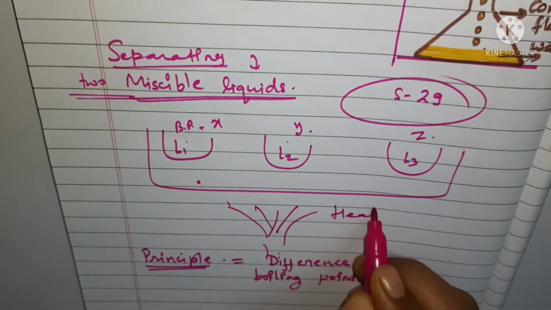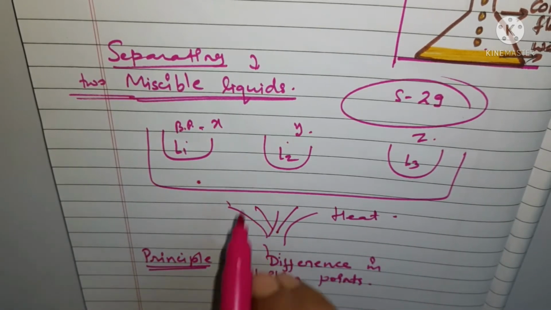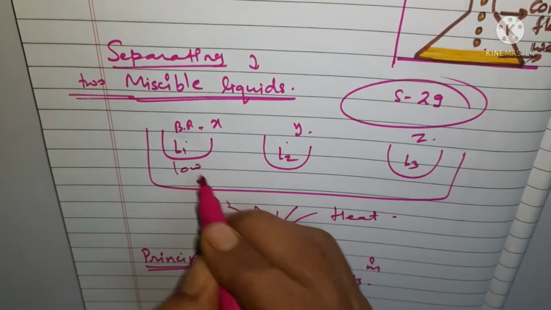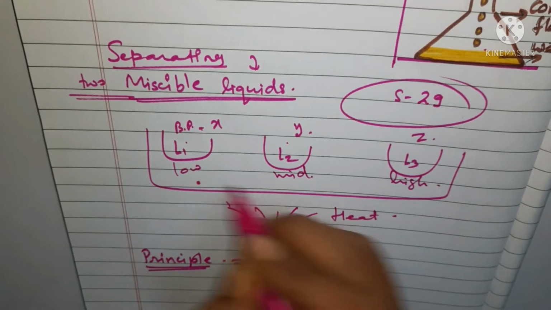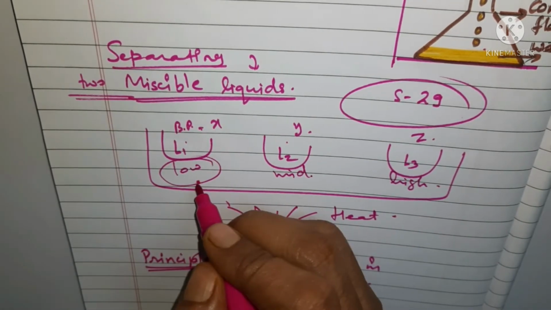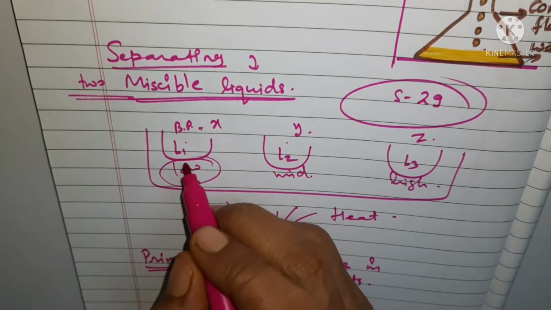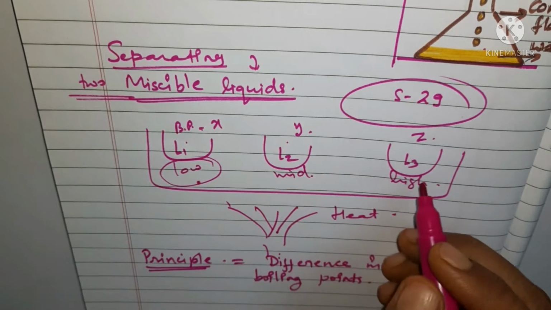When you apply heat, the liquid which has the low boiling point, with the second having a mid one and the third a high one, will vaporize first, then the second one, and then the third one.